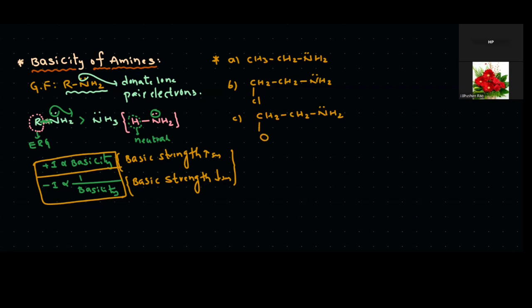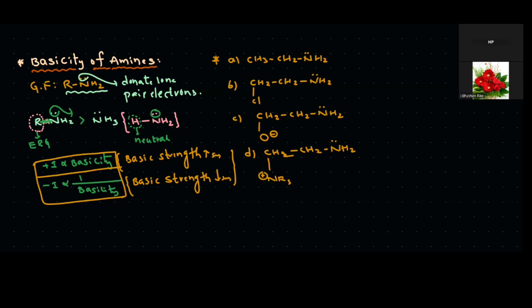Next, another compound, D, CH2CH2NH2 with NR3 plus. These are the groups present in the given amines.